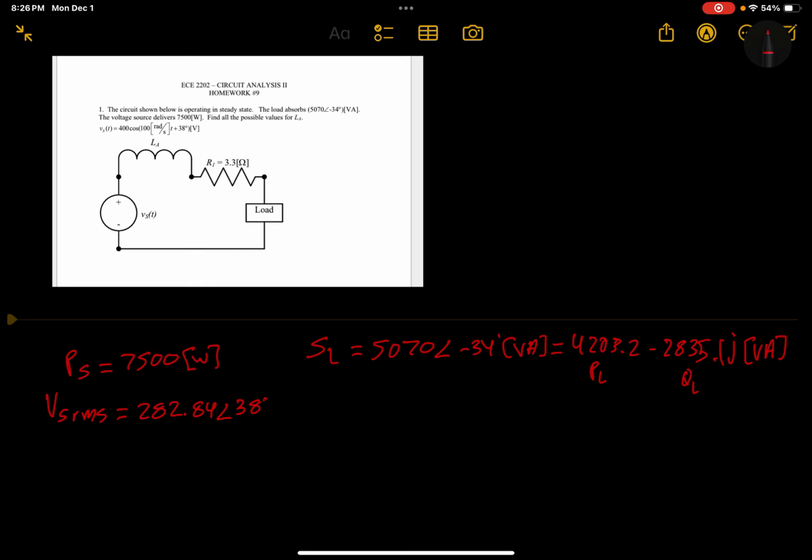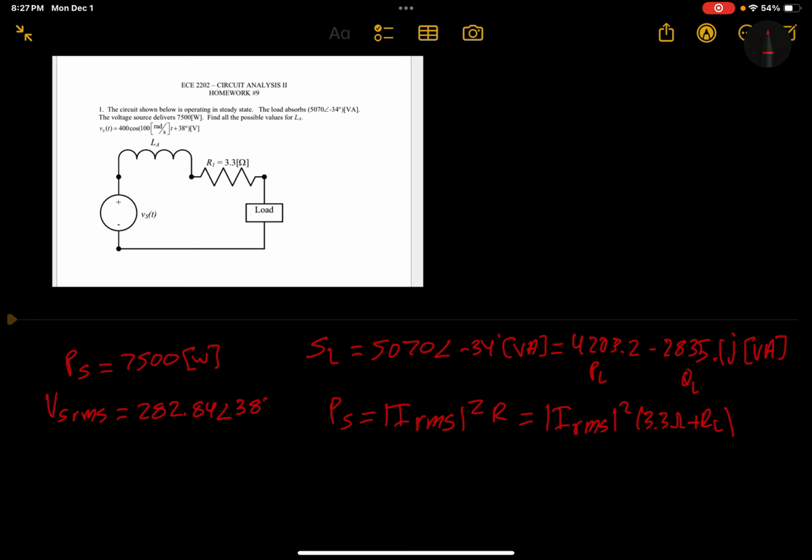So we do that using this equation. The power of the source equals IRMS squared times the resistance of the circuit. And so we can rewrite this as IRMS squared and 3.3 ohms plus the resistive load. We can rewrite it as this because this is equal to the resistance of the entire circuit.